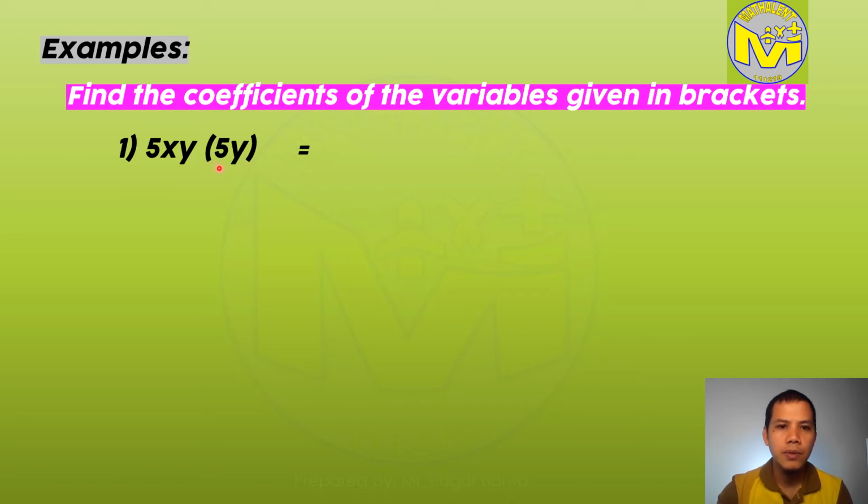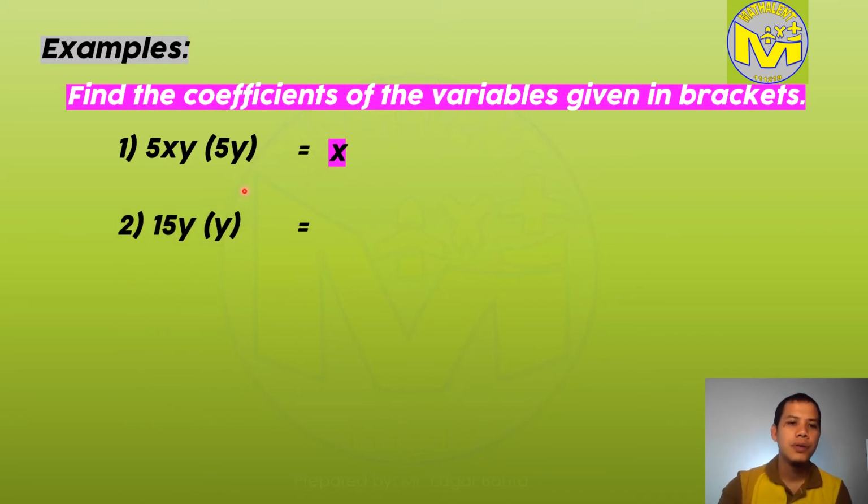This is the variable. Find the coefficient of this variable. Okay, 5xy. If I put 5y in the bracket, what is left? Only the x. So the coefficient of 5y is x.